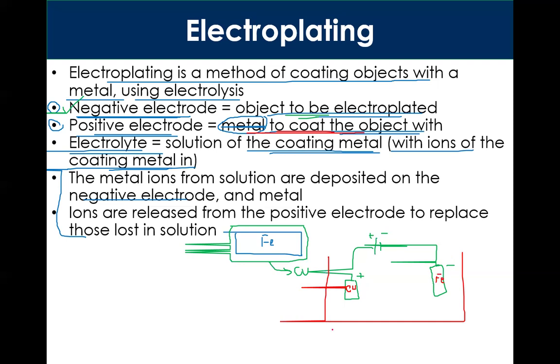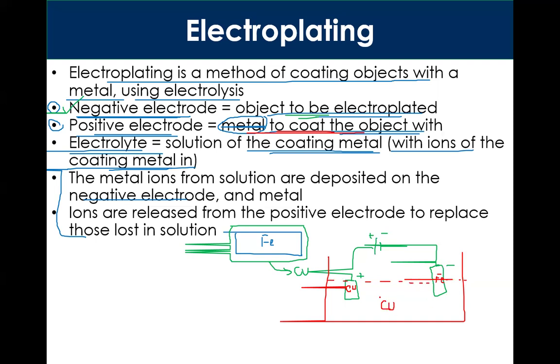Yeah. At the positive electrode there is oxidation. You also have a solution, and in the solution you will have the ions of the metal that you want to coat the iron with.